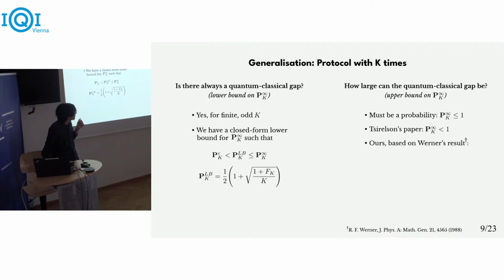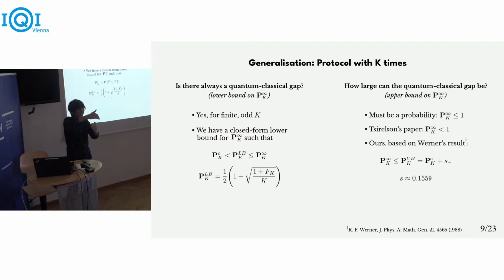And in our paper, where Werner was attending a similar talk given by Valerio and casually mentioned that he did something similar in the late 80s, we managed to improve this bound to a constant larger than the classical bound, where the constant is something like 0.1559. So basically, you cannot do arbitrarily better than the classical bound.